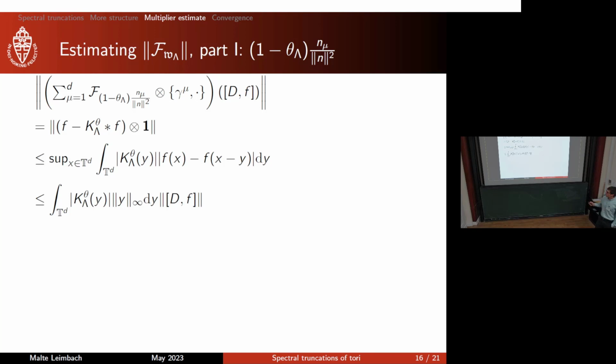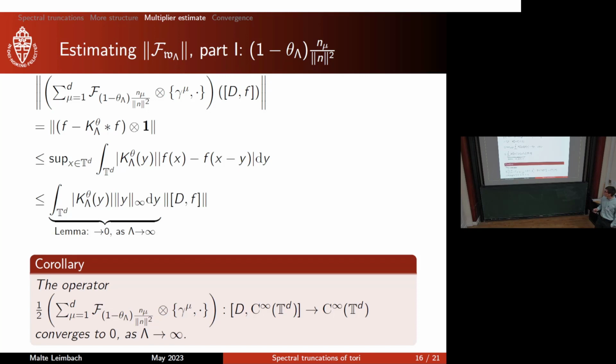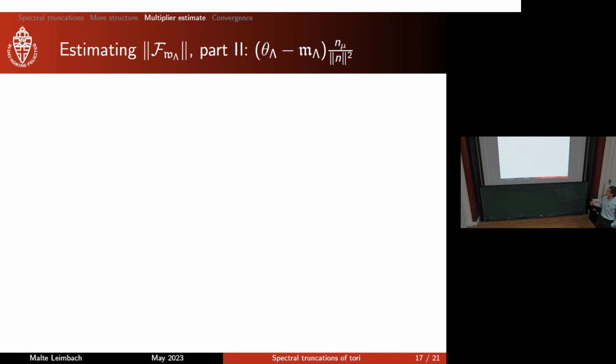And you have this integral, and you can show as a little exercise that this integral always converges to 0 whenever you have such a good kernel. What this means is that we have good control of this first operator. So that one is fine, that one converges to 0, and now somehow we have to deal with the other one, with this number of lattice points.